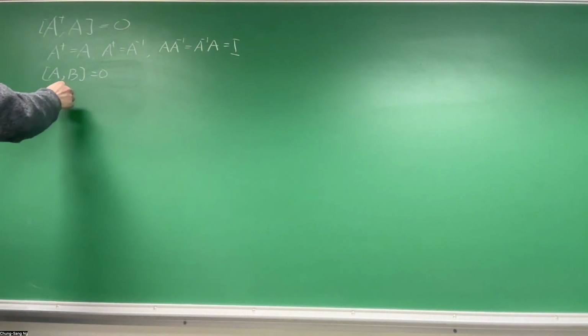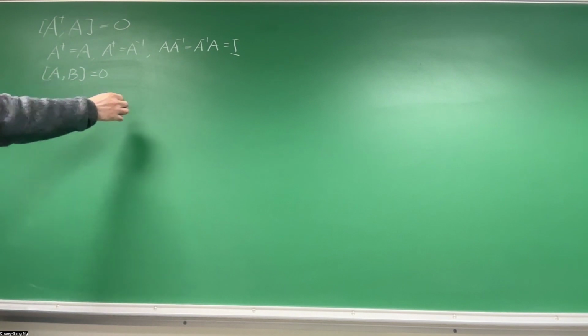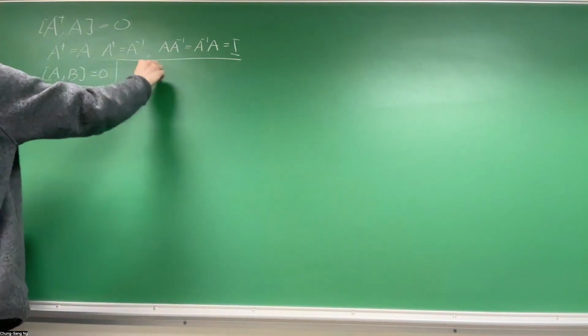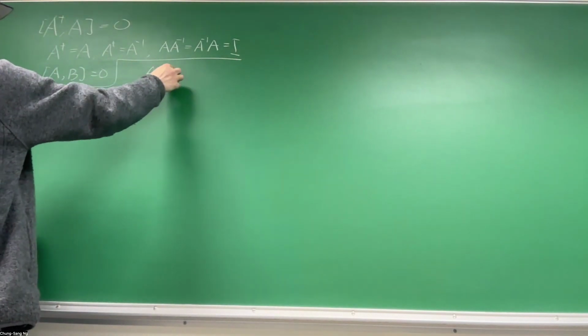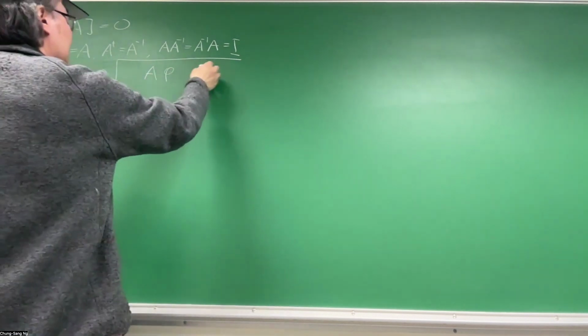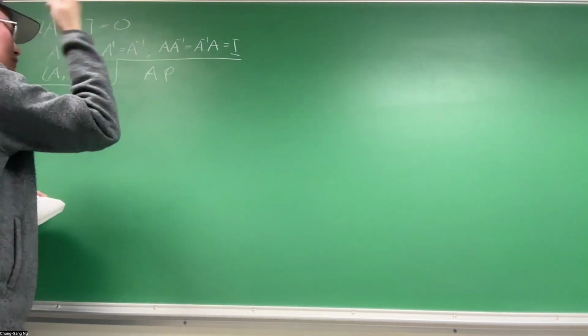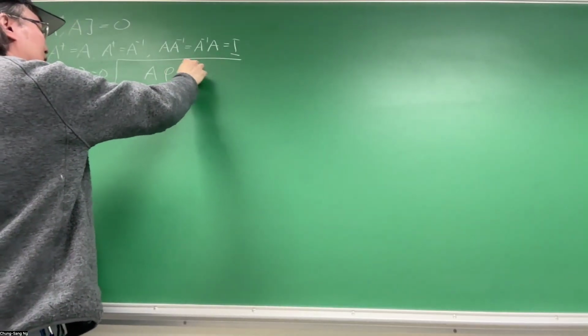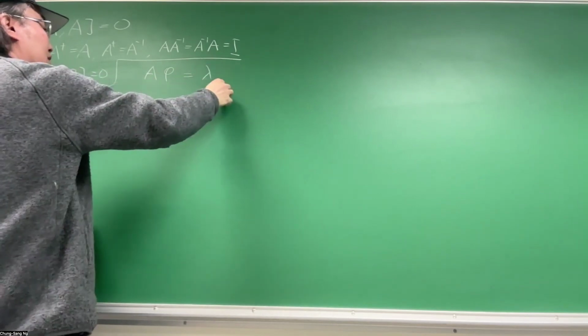To show that they have a common eigenvector, you just assume A operates on a certain function phi. You can have an index, but you don't need the index. Just one eigenfunction: A phi is lambda phi.